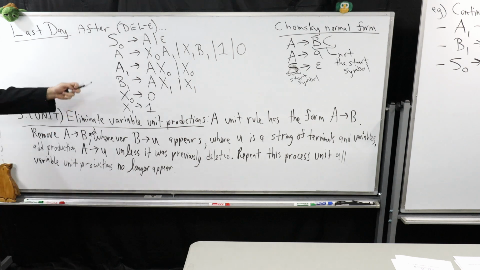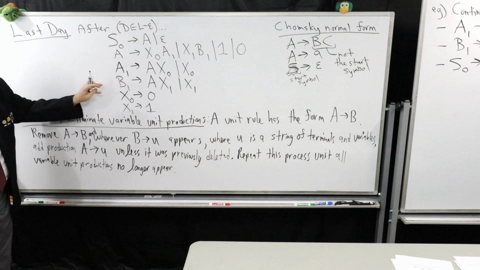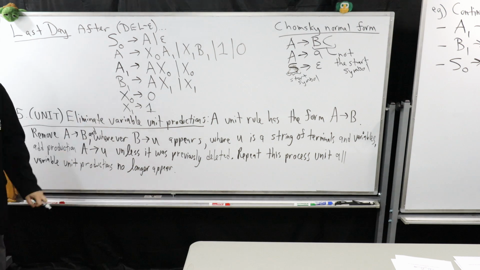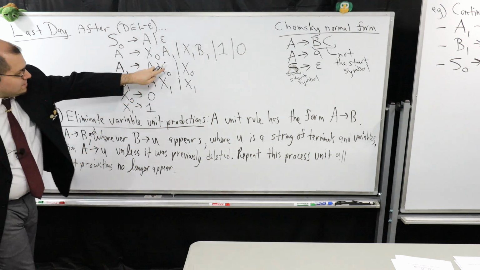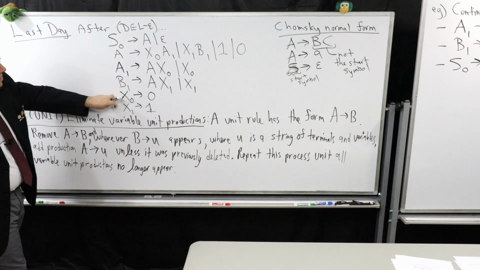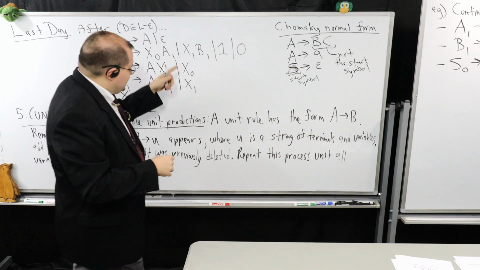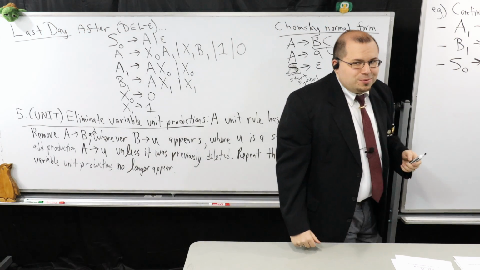It's going to have to follow down to another production rule for that variable symbol, where that's going to be the head of the production rule. So for example, x0 here is the head of a production rule, which will produce 0. So the idea is I would like to get rid of these production rules where I have bodies with a single variable.